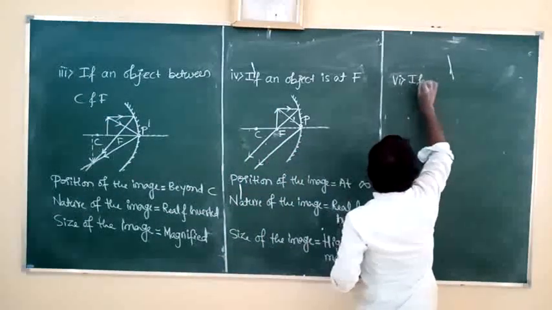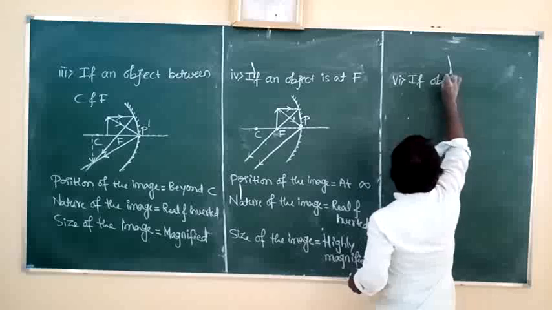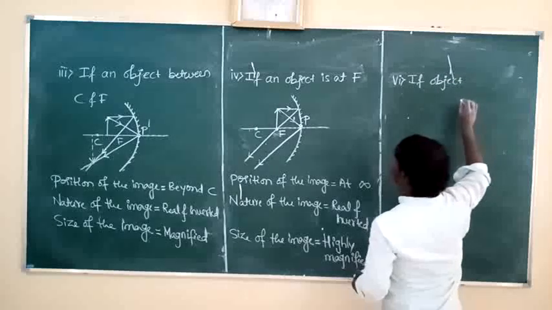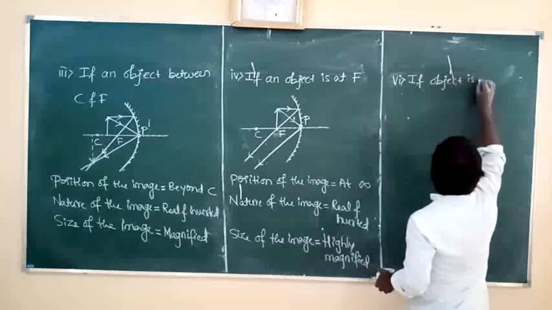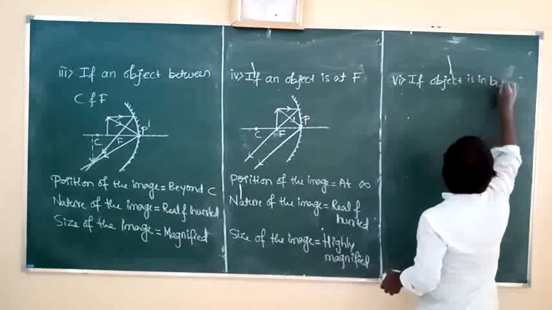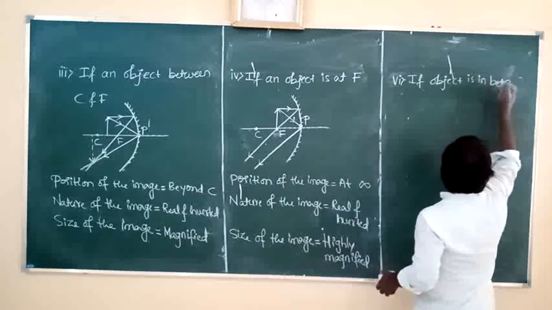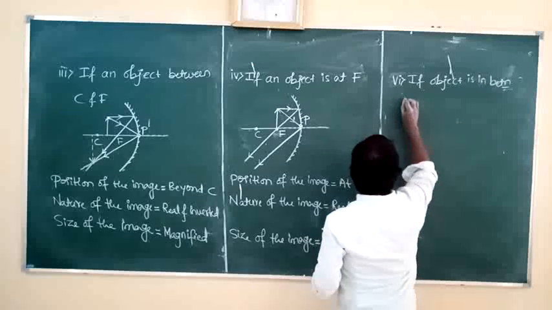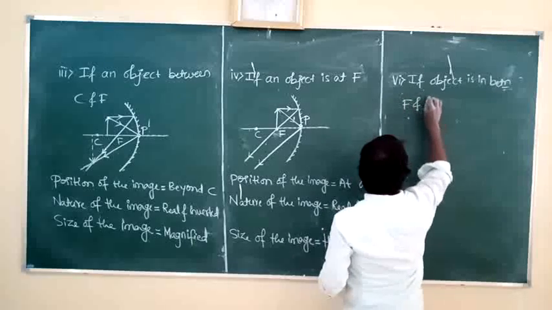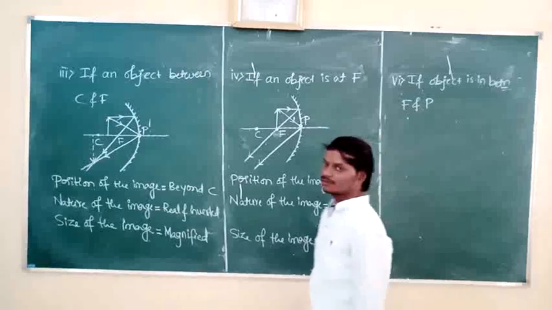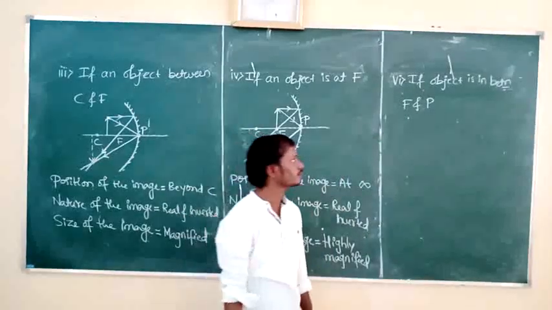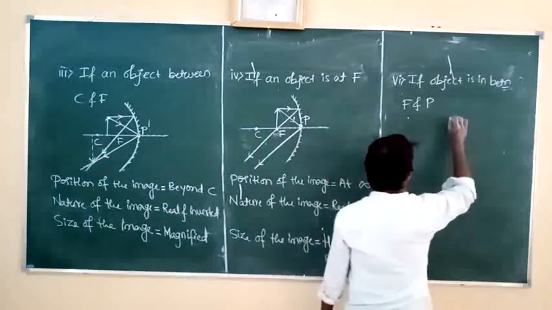If the object is in between F and P, it means object distance is less than focal length. Now let us draw the ray diagram.